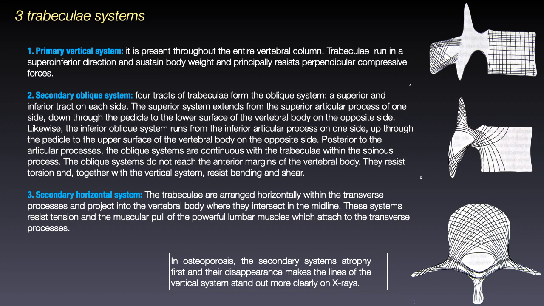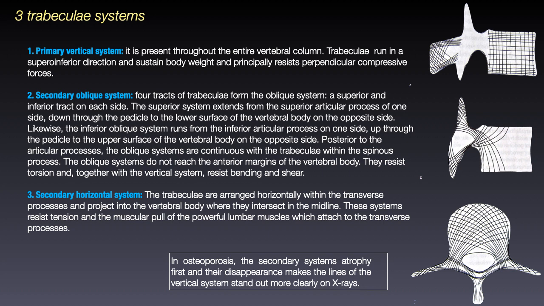But in elderly patients and postmenopausal women, osteoporosis may develop, and this disease makes the trabecular system to weaken and fade away, starting with the secondary systems. Okay, this is because osteoporosis affects the bone-forming cells.